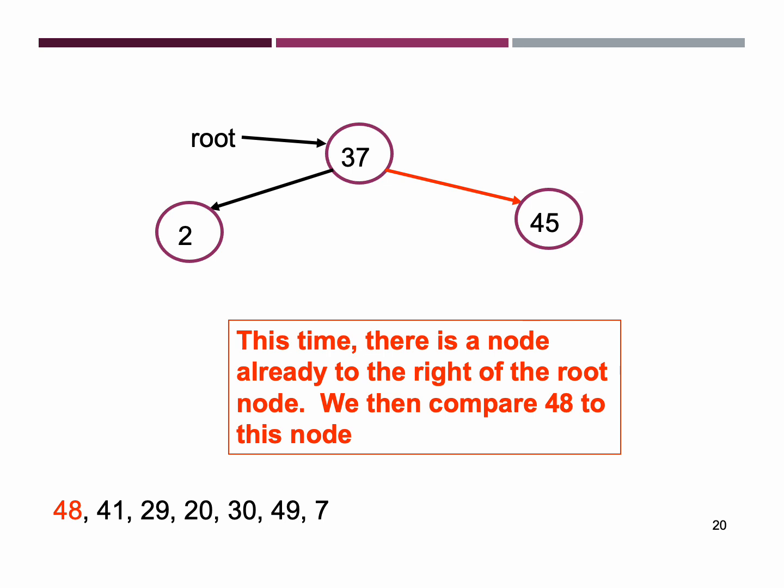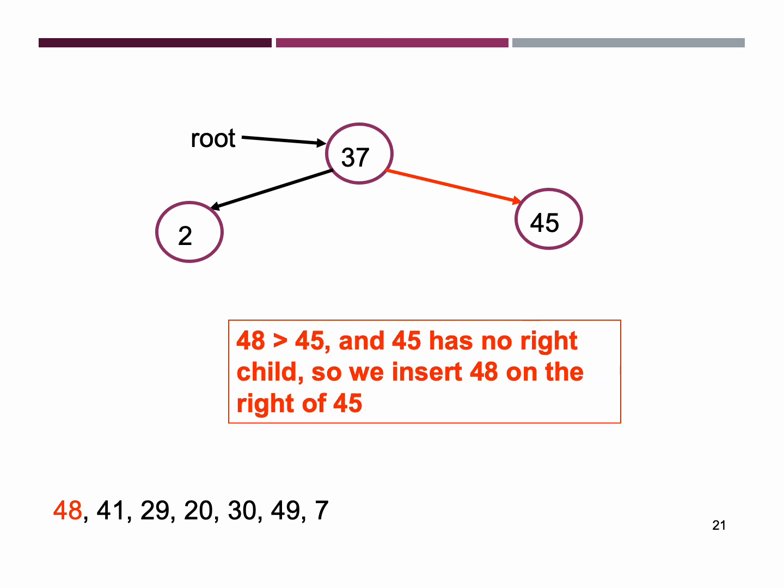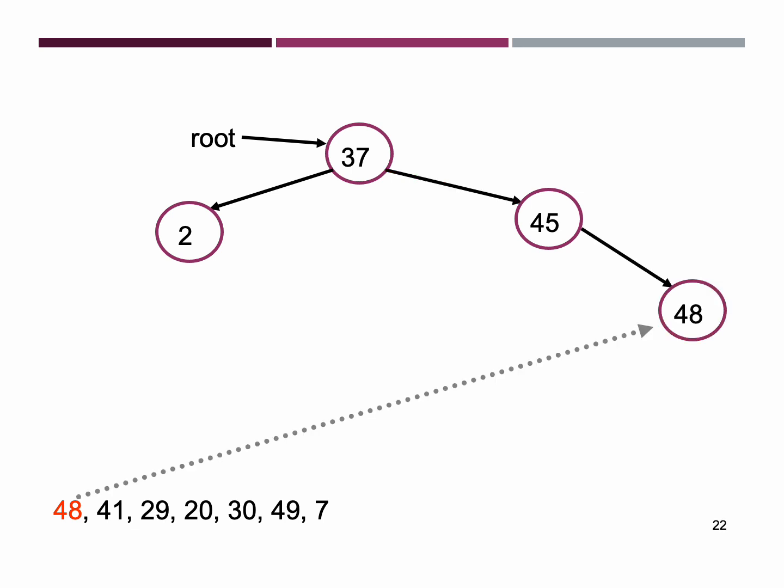As we started from 37 and 48 is greater than 37, it should be inserted on the right side of 37. But as we already have a right child, which is 45, it will compare with 45. After we compare with 45, we see that 48 is greater than 45, and 45 has no right child, so we insert 48 on the right of 45.